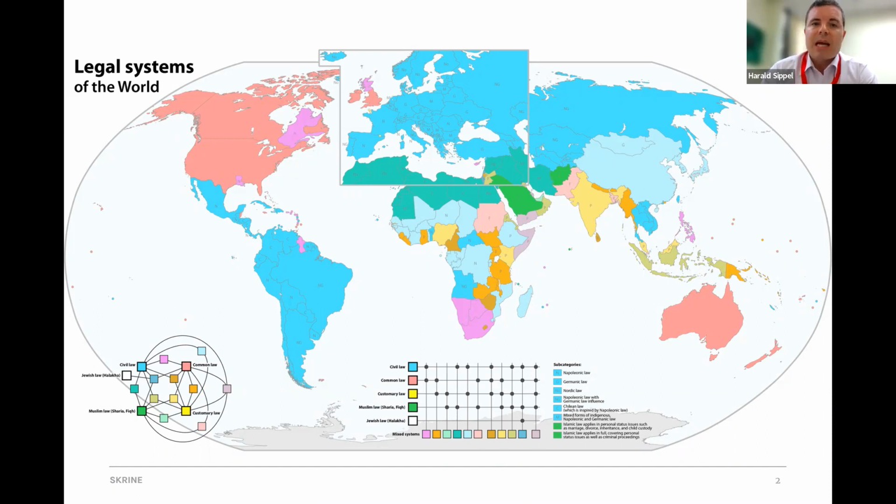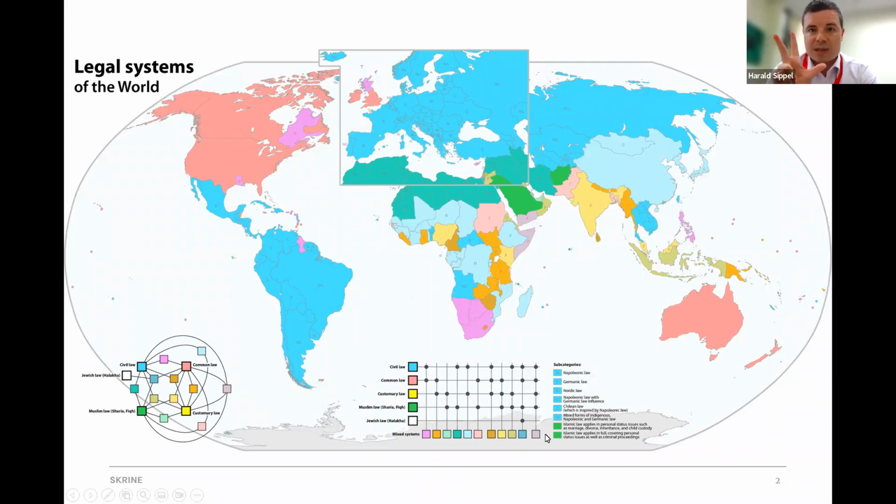When we look at Indonesia, the reason it comes up with this color here is, when you look at the explanation at the bottom of the page, you can see this color means Muslim law, customary law, and civil law.